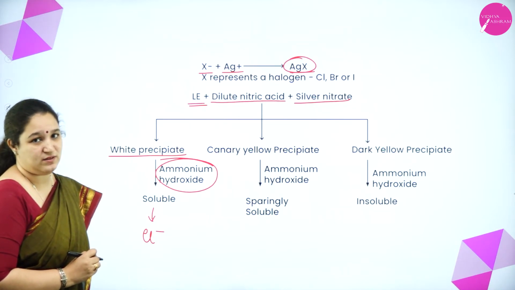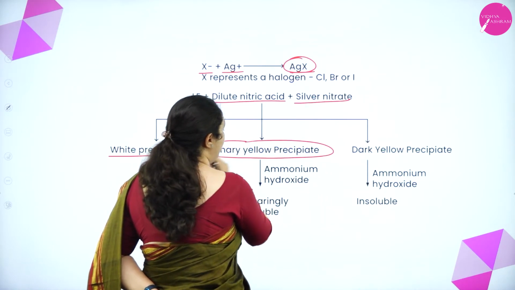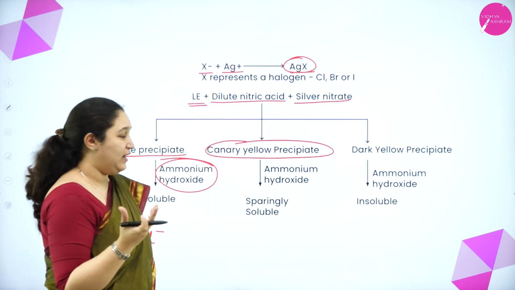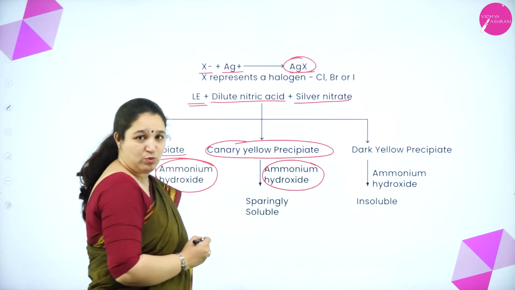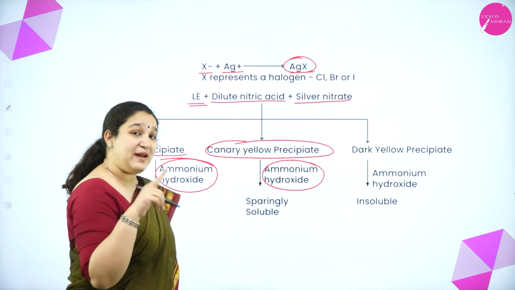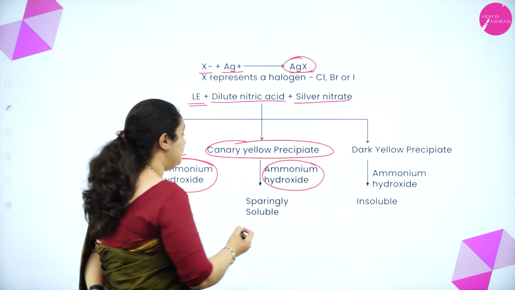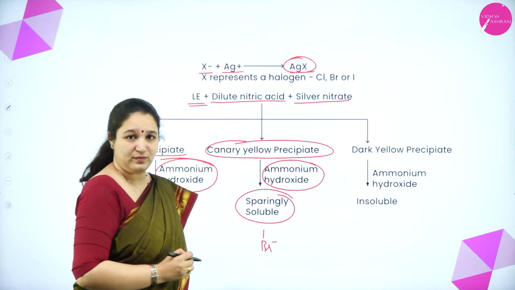Chlorine is present. Okay. If I get a curdy or off-white precipitate, and it is sparingly soluble in ammonium hydroxide solution, what is sparingly soluble? The precipitate is sparingly soluble in ammonium hydroxide solution, then it is bromine or bromide ion. Okay.